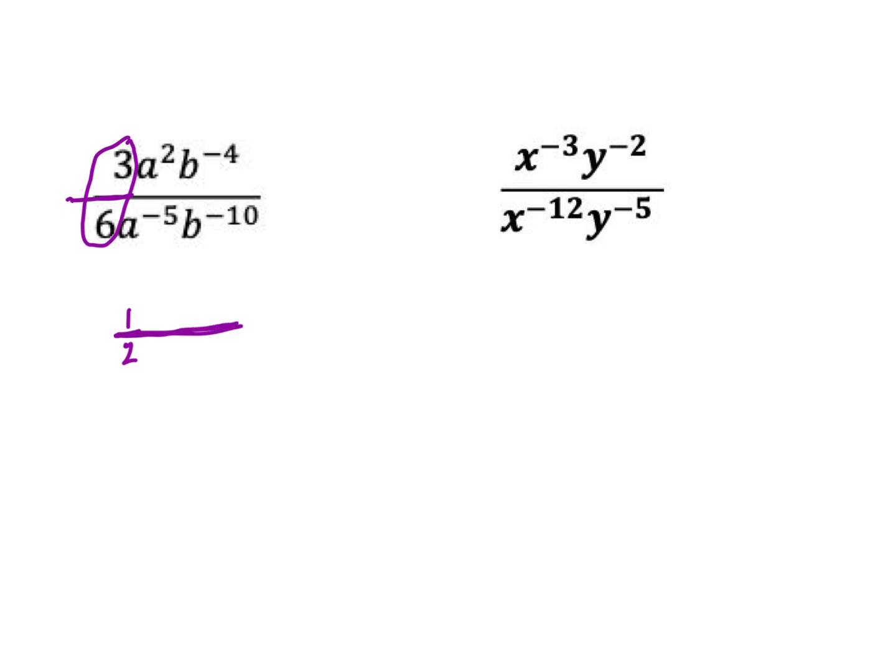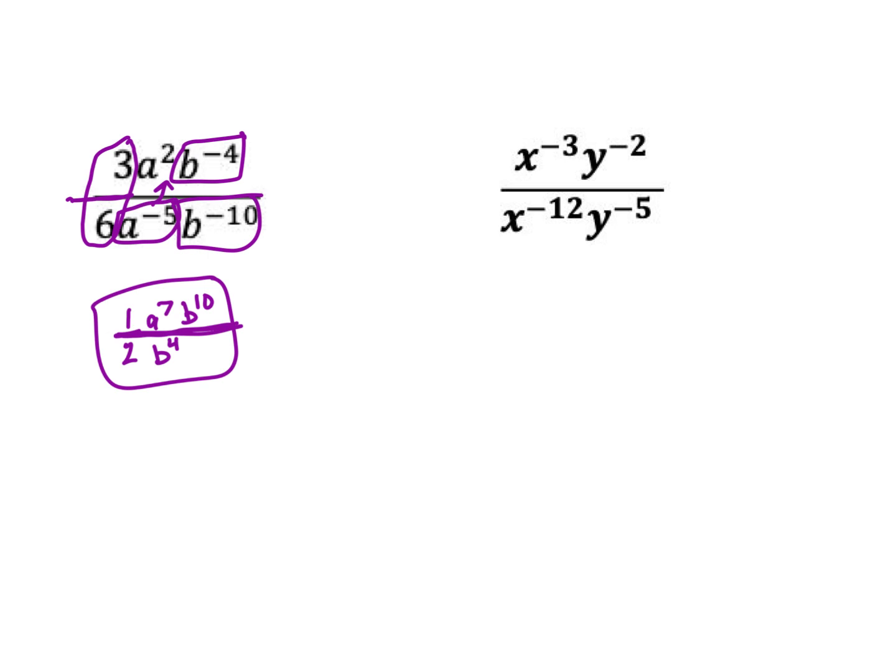Okay, then I'm going to take this a to the negative 5th, and I'm moving it up to the top. So when I do that, now how many a's are on the top? There's 7. Okay, and I'm going to move this b to the negative 4th to the bottom, and this b to the negative 10th to the top. That is how I get rid of their negatives.